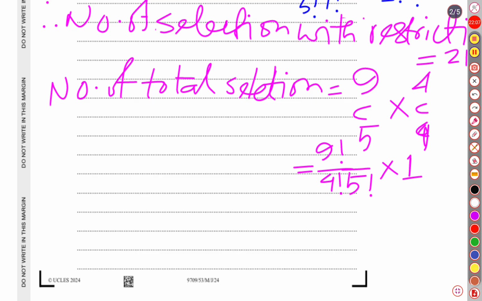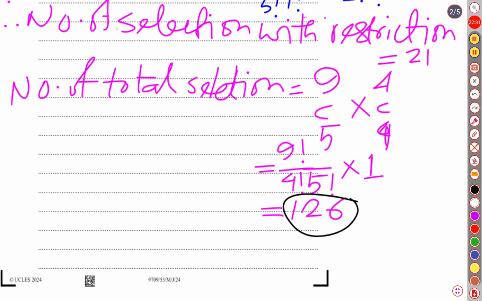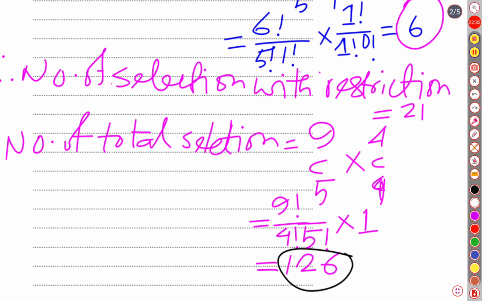If we use our calculator to divide 9 factorial by 4 factorial times 5 factorial, the total number of selections is going to be 126. So this is the total number of selections, and the number of selections with restriction is 21.